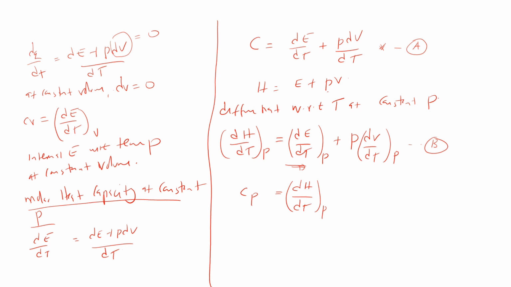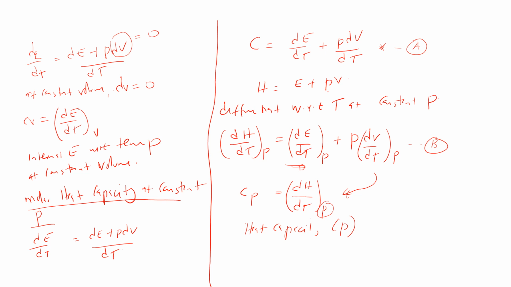Can you see the link between these two equations? And so the heat capacity at constant pressure is defined as the rate of change of enthalpy with temperature at constant pressure.